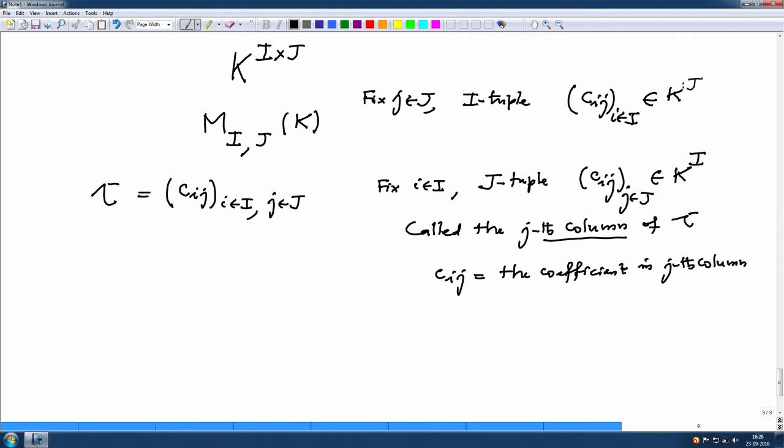I think I made a mistake in the notation, so I want to correct it.